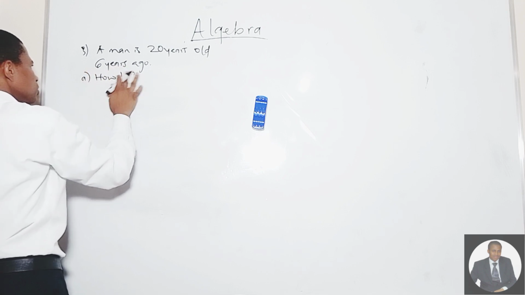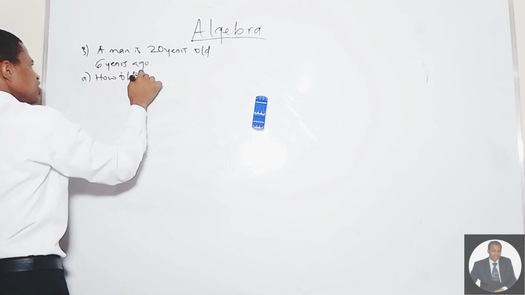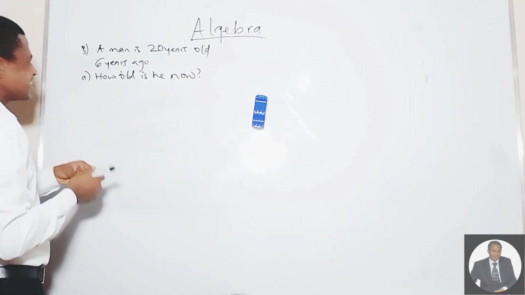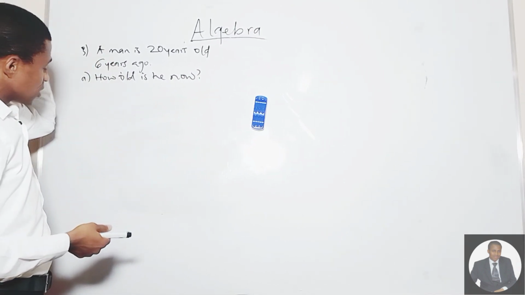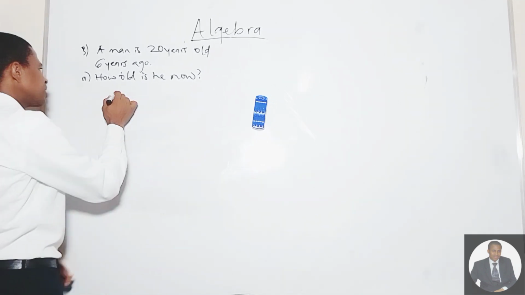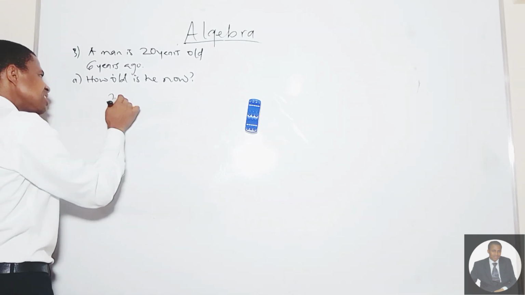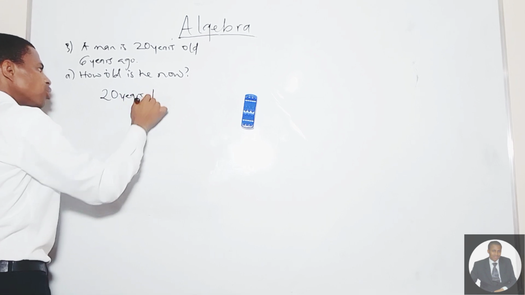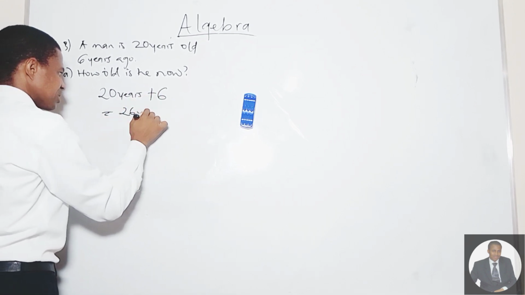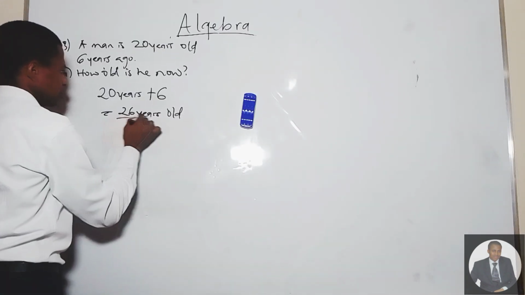How old is he now? 6 years ago, he was 20 years. So how old will he be now? It will be the 20 years he was plus 6. So it will be 26 years old now.